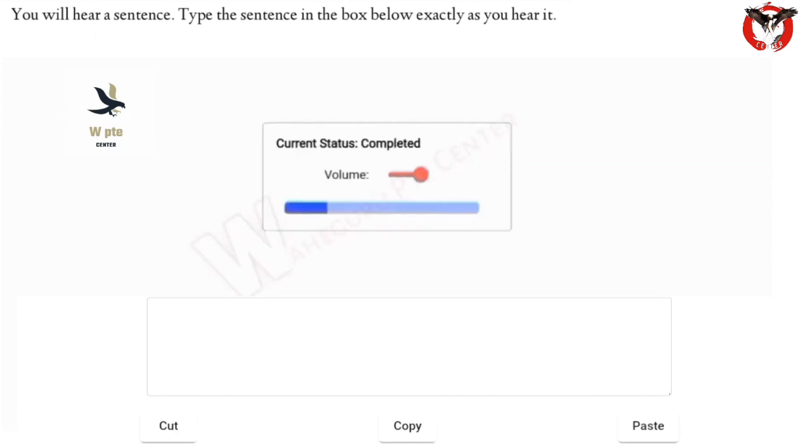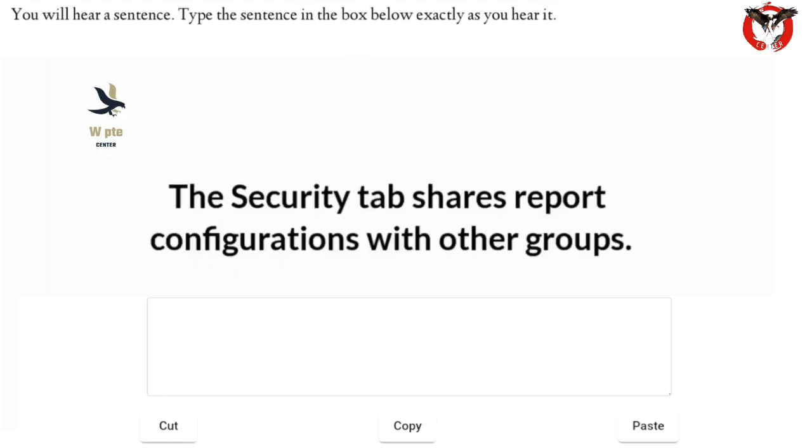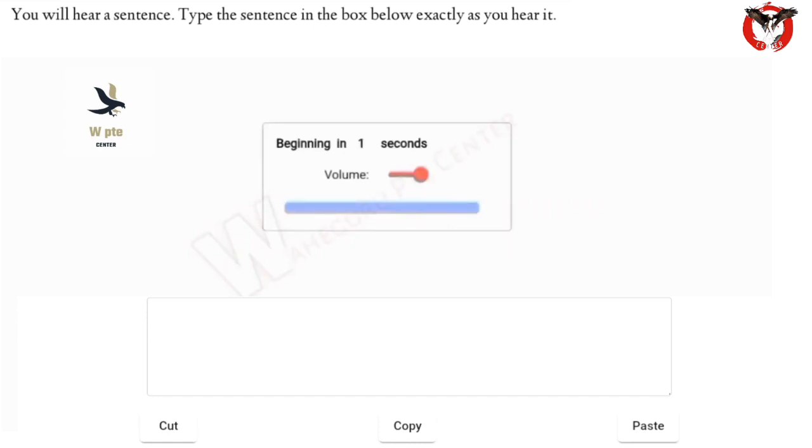The Security tab shares report configurations with other groups. The Scheduling and Templates tabs are not used in Oracle Business Intelligence Publisher reports.